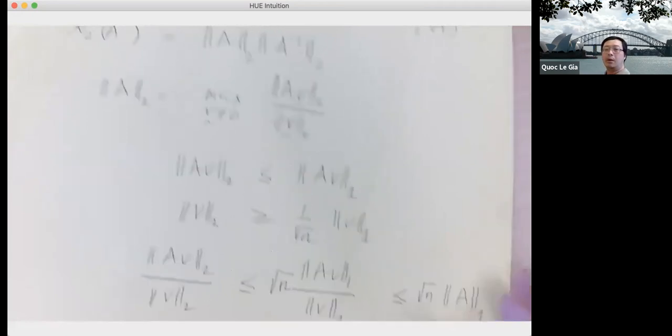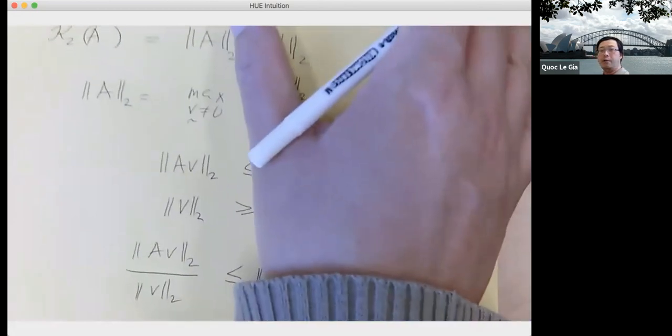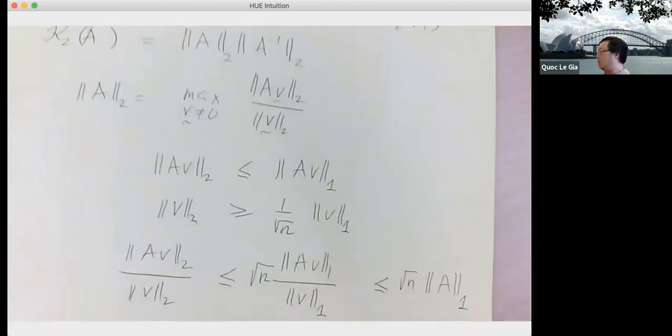So for an arbitrary vector V, the ratio is less than the maximal of this ratio over V, and the maximal over V is just the 1 norm.